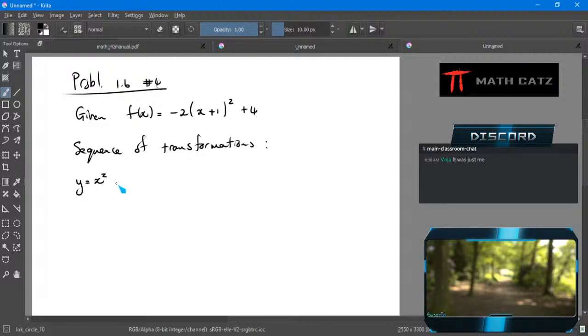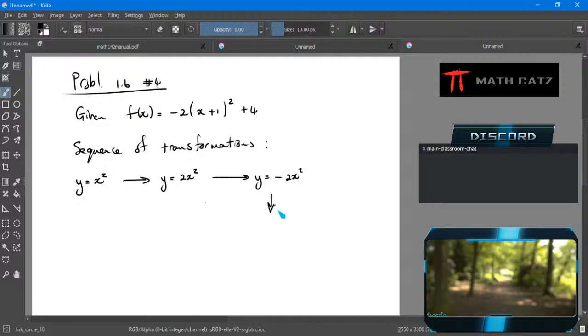Of course, I'm going to start with my x squared function, which this is built on. Then I'm going to change it to 2x squared, which is my preferred first one. Then I'm going to change it to negative 2x squared. And I separate the negative from the 2 always because it's a different effect on the graph.